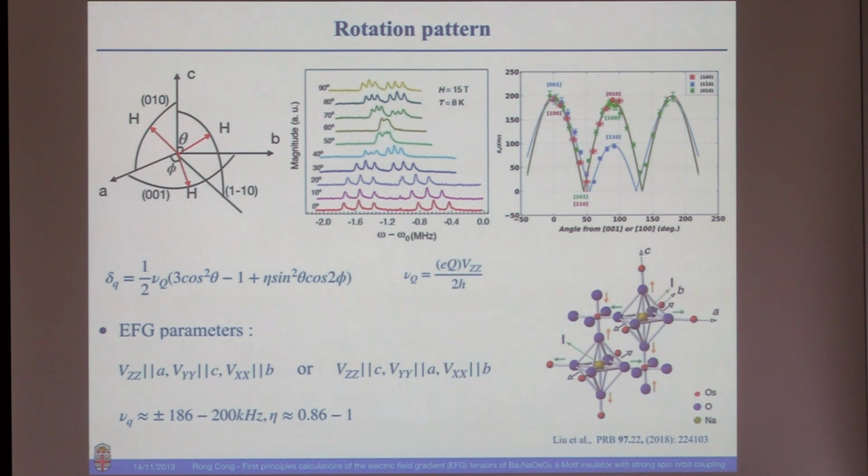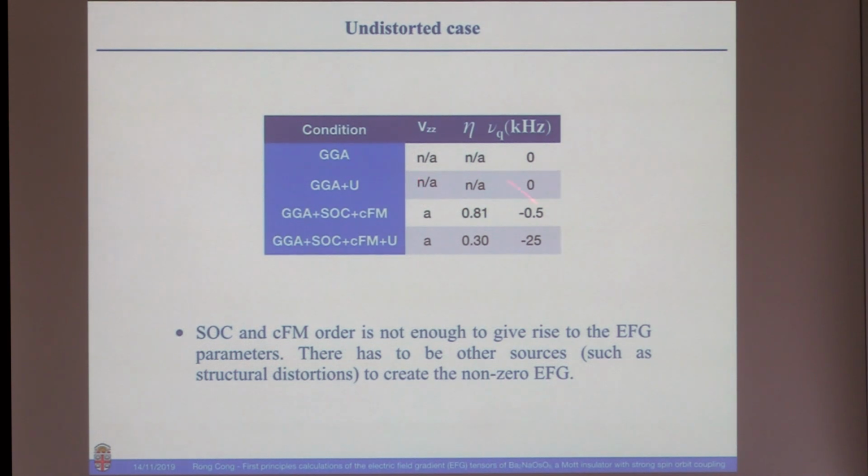So the question is, what induced such an anisotropic distribution around the sodium atom? One possibility is that because of the canted magnetization and the spin-orbit coupling, there might be some interplay between them that distorts the electronic charge around sodium, and luckily VASP can directly calculate this parameter. We found that without the magnetic order and spin-orbit coupling, the EFG value is always 0, which makes sense for the cubic case.